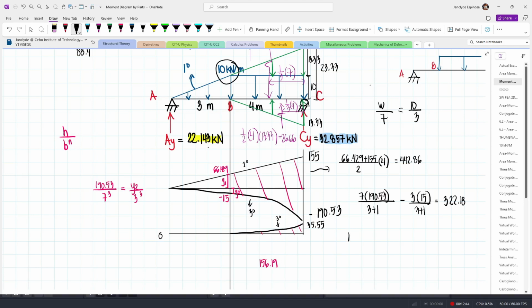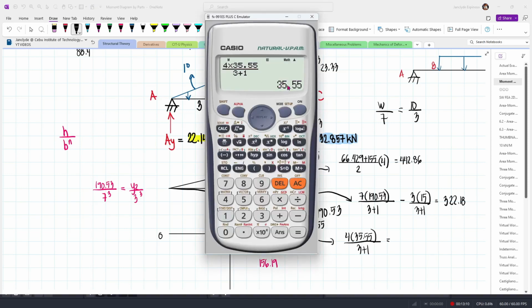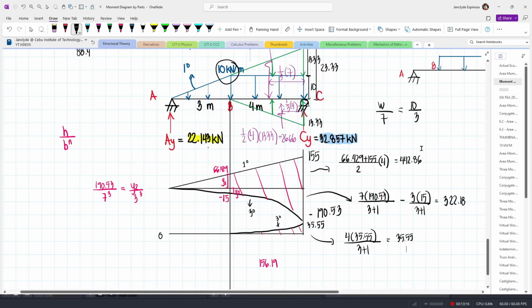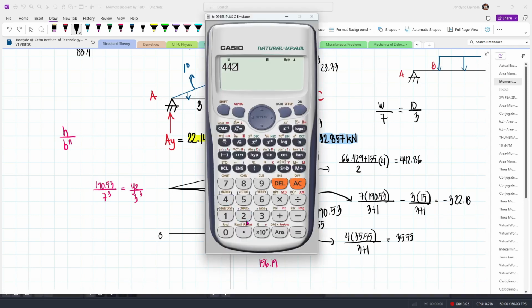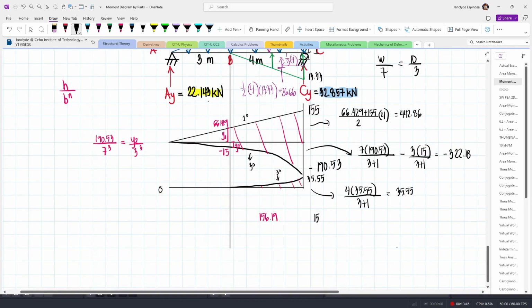This is 4 meters times 35.55 divided by n plus 1, so we have 35.55. By the way, this is minus because we are below the 0 line. And so 442.86 minus 322.18 plus 35.55, we have a value of 156.23. This is approximately equal to this one. However, the discrepancy is just the result of the rounding off of values.